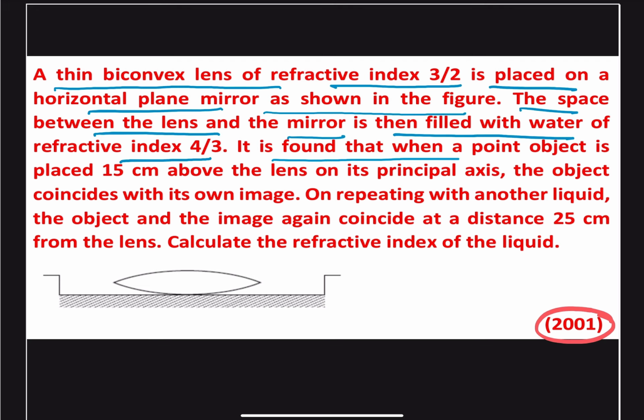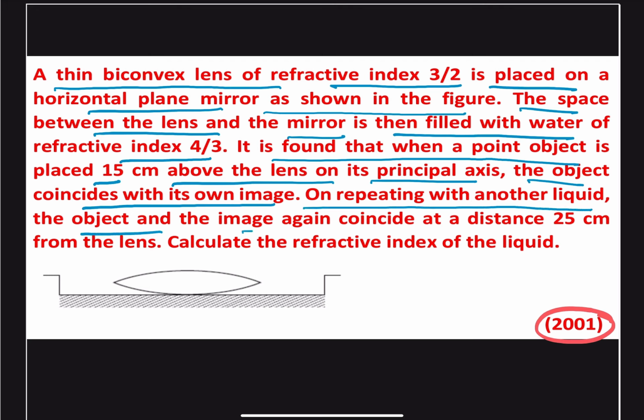It is found that when a point object is placed 15 cm above the lens on its principal axis, the object coincides with its own image. On repeating with another liquid, the object and the image again coincide at a distance of 25 cm from the lens. Calculate the refractive index of the liquid.